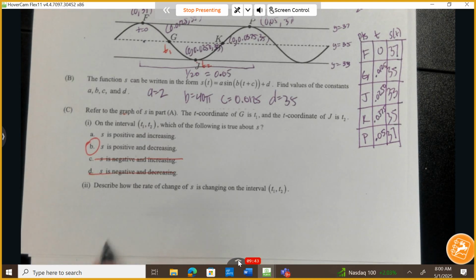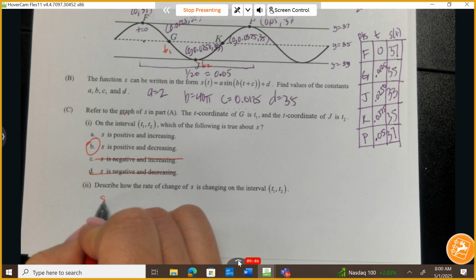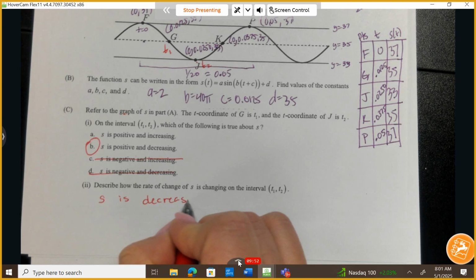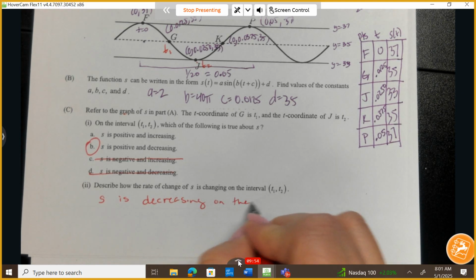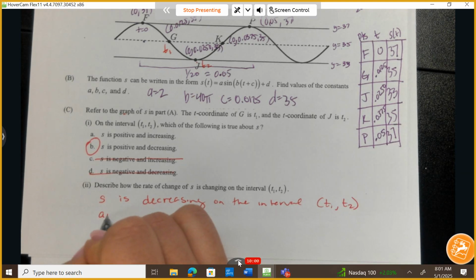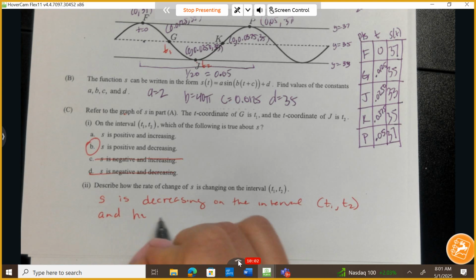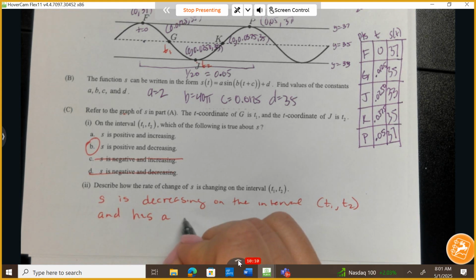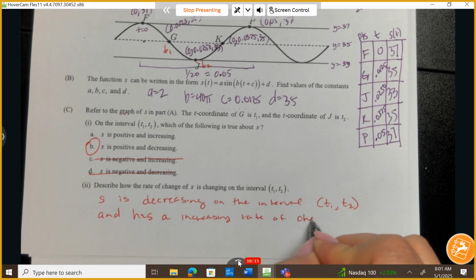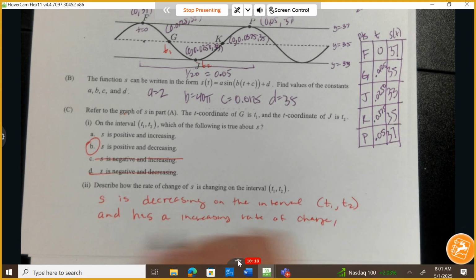So I'm going to write down that the function S is decreasing on the interval T1 to T2 and has an increasing rate of change, which makes it, let's test you.